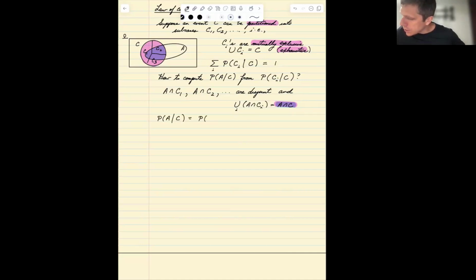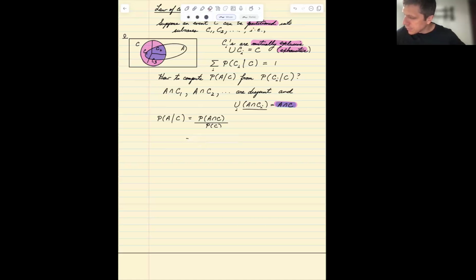By definition, it's the probability of A intersect C divided by the probability of C. But A intersect C is a disjoint union of the A intersect Ci's.